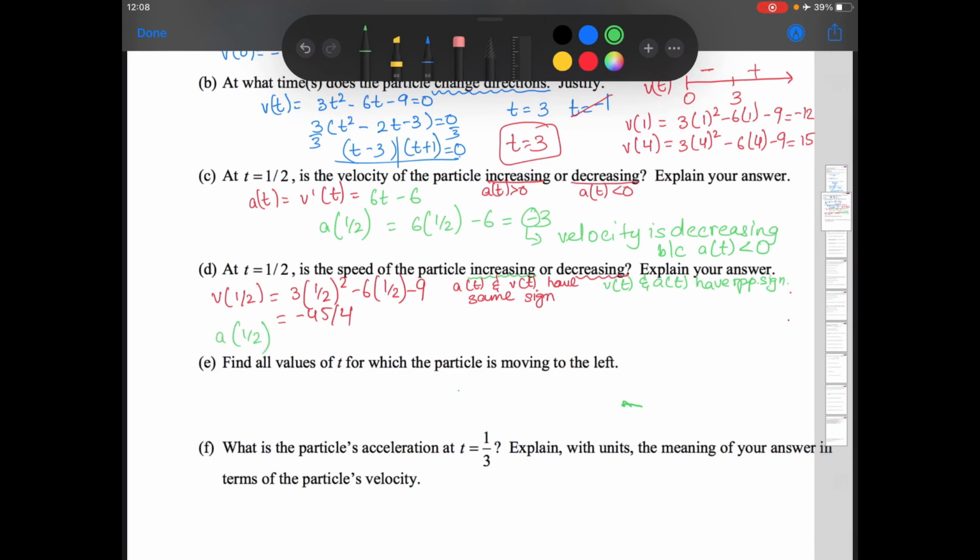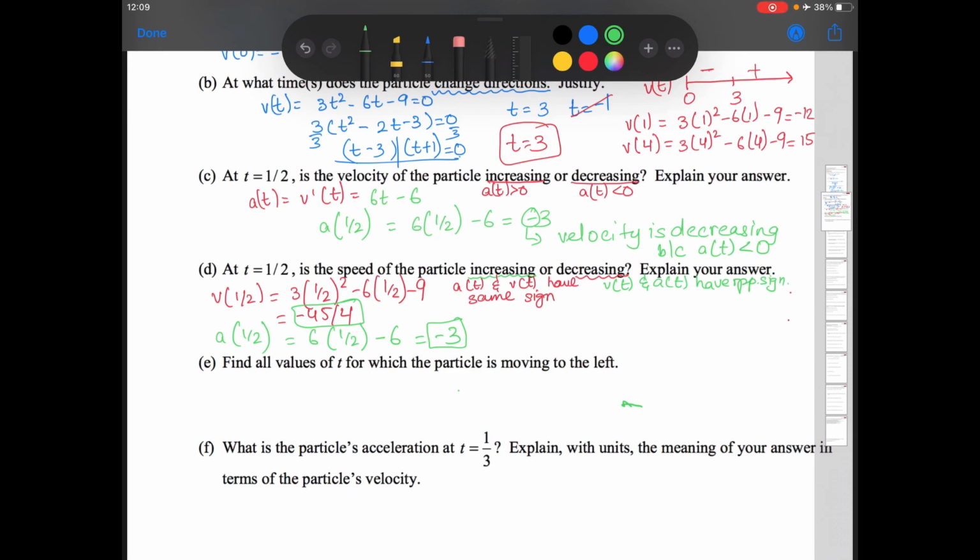We want to compare them. This would be 6 times 1/2, which is 3, minus 6, which is negative 3. Right? We got negative here and negative here. They both have the same sign. If they both have the same sign, then means what? The speed of the particle is increasing.